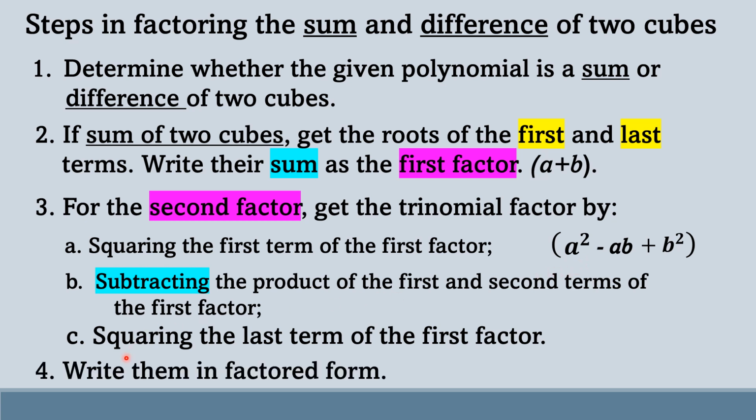After that, step 4, we are going to write them in factored form. The pattern is the quantity of A plus B, the first factor, and the quantity of A squared minus AB plus B squared, which is our second factor.